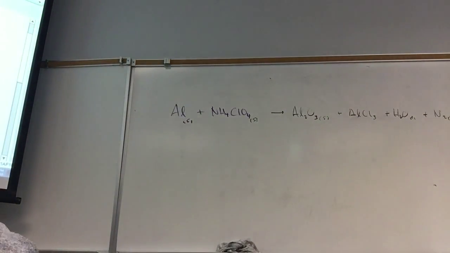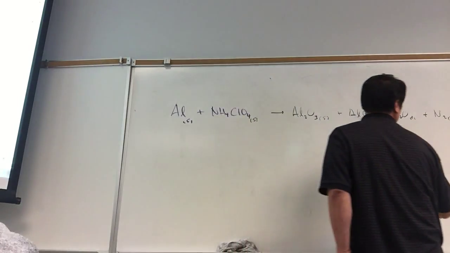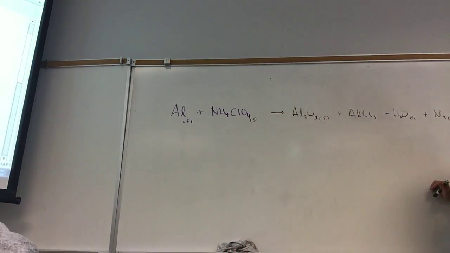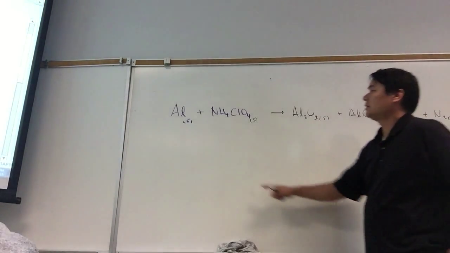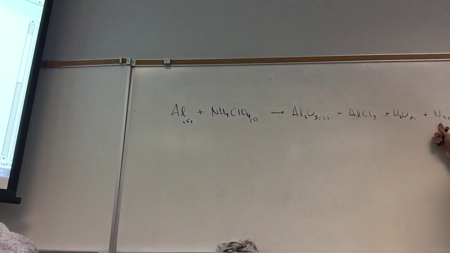All right, now we have to balance this. Some tricks for balancing: which species do we want to save for last? Well, when we have something like this, we want to save aluminum and nitrogen for last.